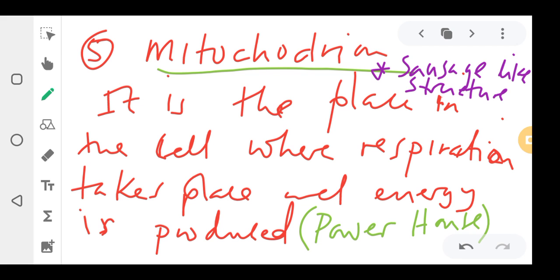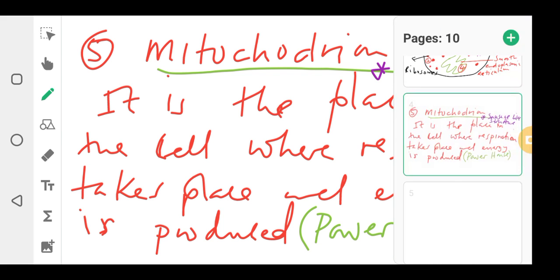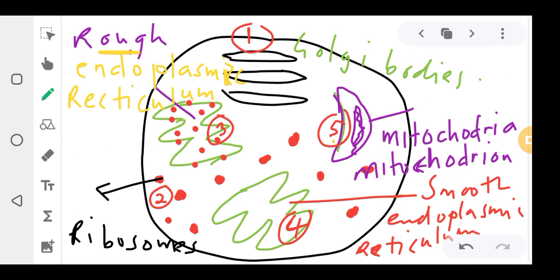They can also ask you not only on the mitochondria but also on the ribosomes. They can say which part in the cell is responsible for protein synthesis. It is ribosomes. Which part in the cell is responsible for the transportation of proteins?